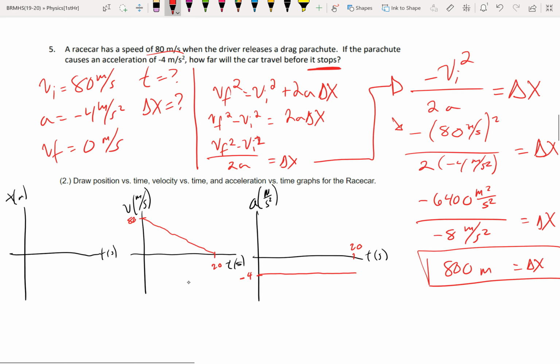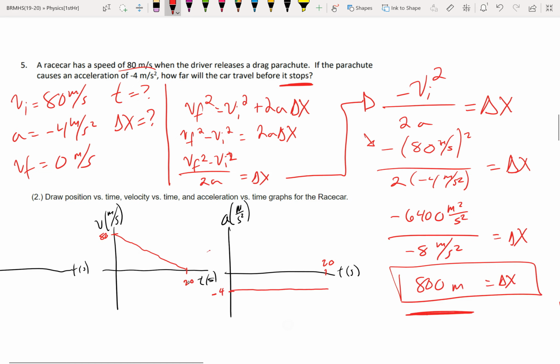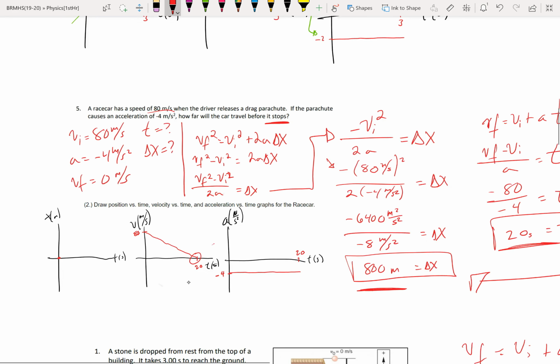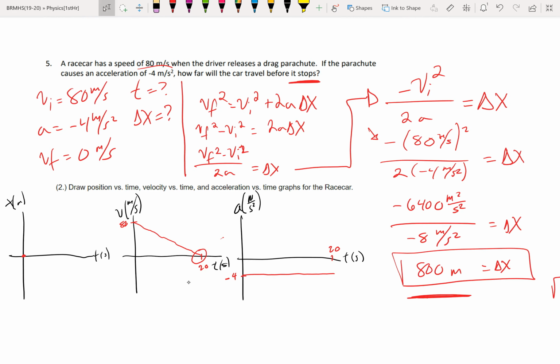Okay, and then position, it's always moving in the positive direction. I get the positive 800 meters from my displacement indicates that it is a positive displacement. We aren't given an initial position, so call it 0. And what is it doing? Speeding up or slowing down? Slowing down. So my final slope of the position time graph should be a 0 slope to reflect the 0 velocity, which is right here on my velocity time graph. And it starts with the 80 meter per second velocity.